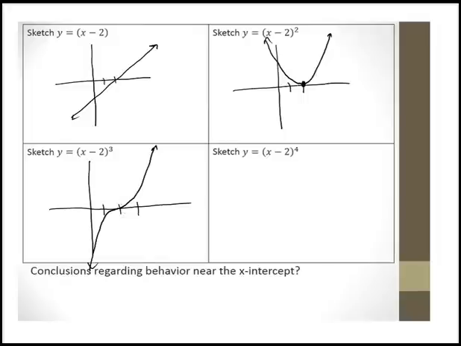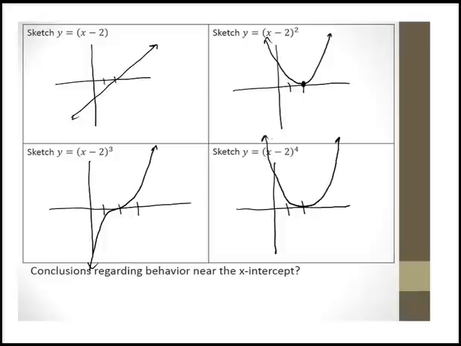So notice it passes through the x-intercept of 2, but flattens out near it. And if we had (x minus 2) to the 4th, now we haven't done much work with x to the 4th, but if we follow the pattern, what will happen here is it'll decrease, it'll flatten out, but then bounce off.